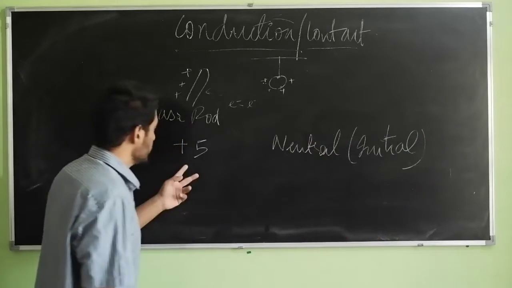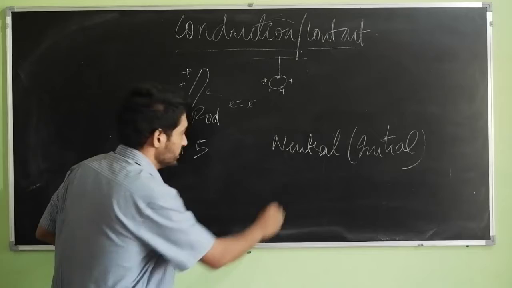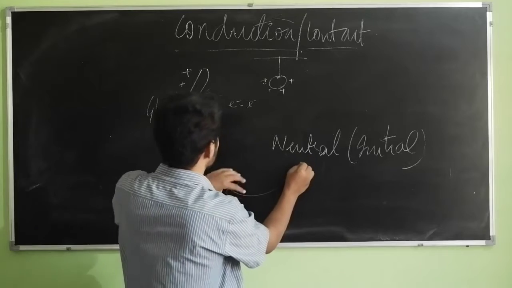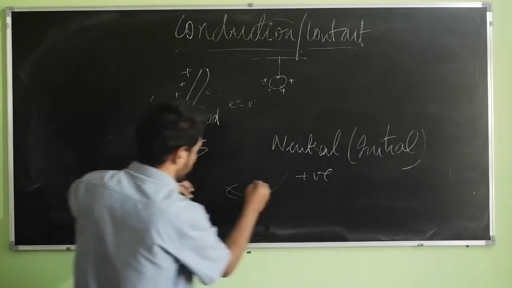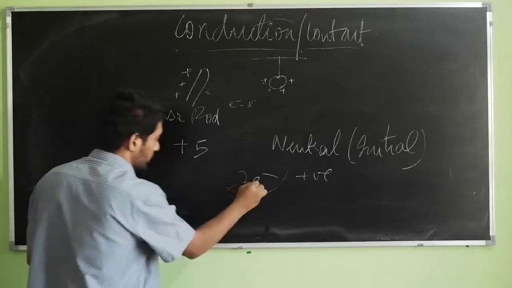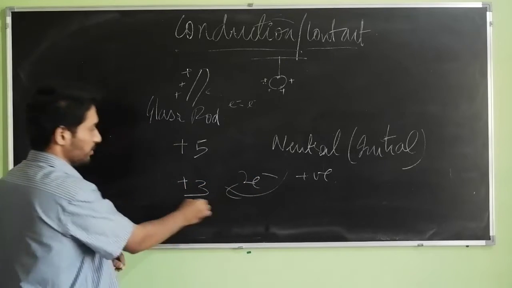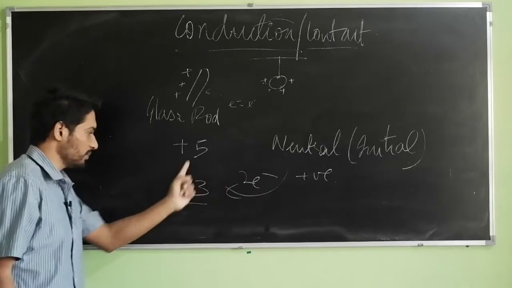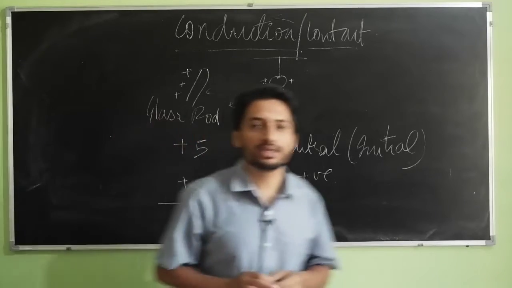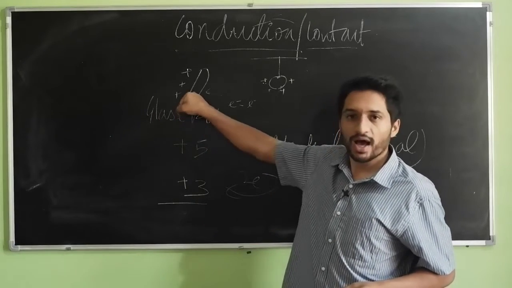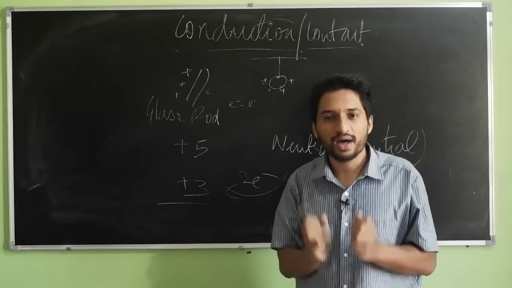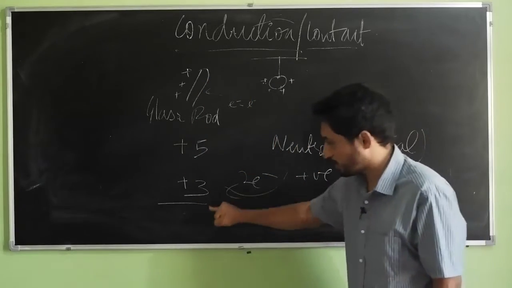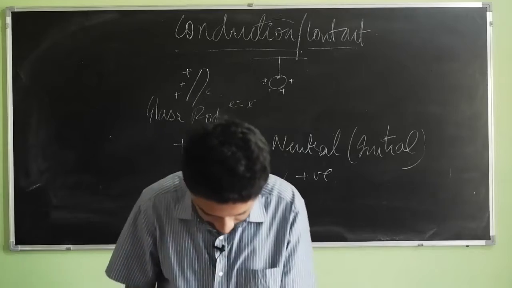On touching, the pith ball loses electrons and becomes positively charged. When the rod gains 2 electrons, it becomes a lesser positive charge: -2 + 5 gives +3. So this is what happens in conduction. The object that has the charge initially, its charge becomes lesser in value. Initially it was +5, then it becomes +3. So this is what conduction is.